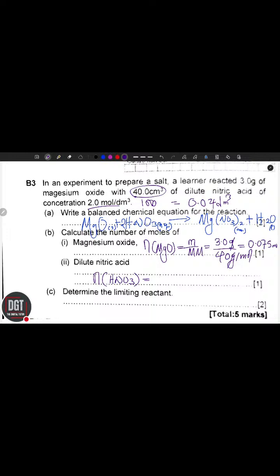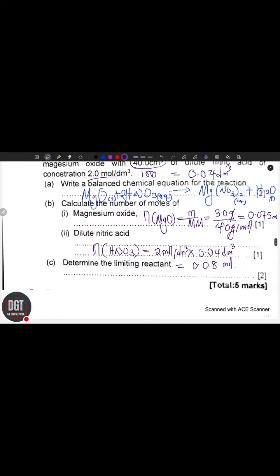Then multiply by the concentration, which is 2 mol/dm³, multiplied by 0.04 dm³, which equals 0.08 mol. I guess that is what you've gotten. I can see Namakao, you've confirmed.